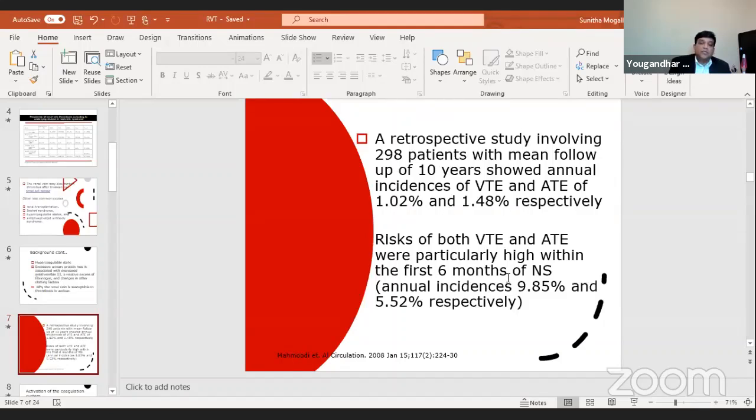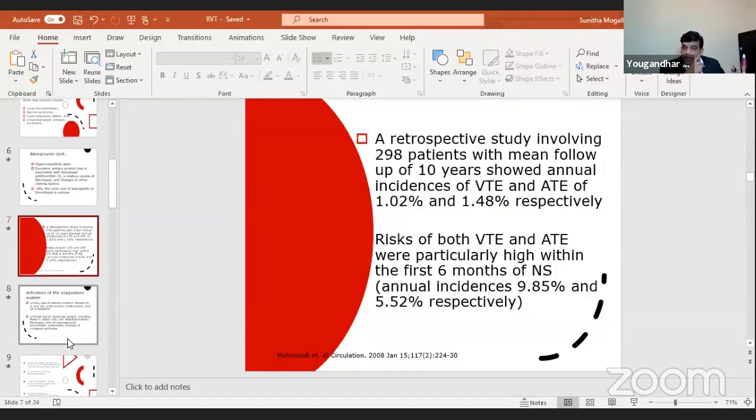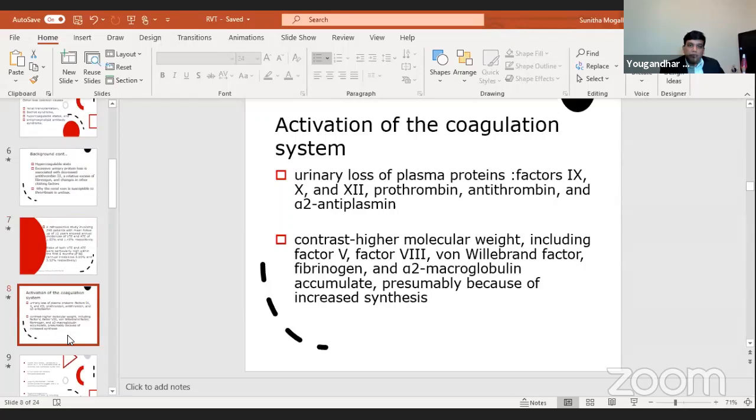So the first 6 months after the diagnosis of nephrotic syndrome is the most important period in which you have to have a higher clinical suspicion and a lower threshold to diagnose and start them on anticoagulation. Otherwise, they will end up with renal failure and bad prognosis.